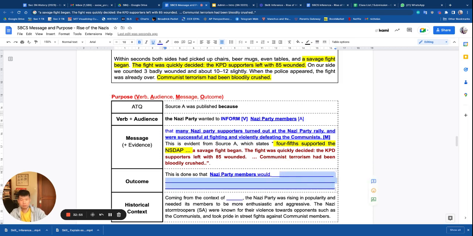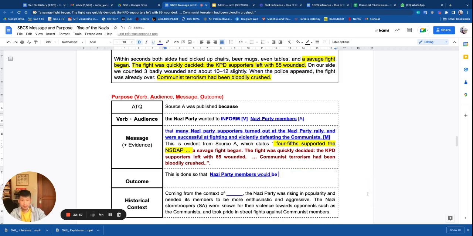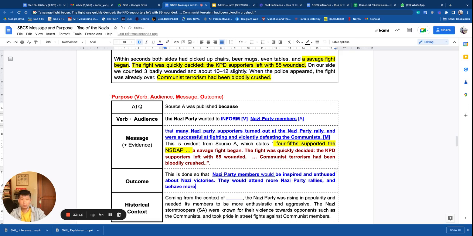You would, right, be inspired and enthused about Nazi victories. They would attend more Nazi party rallies and behave more violently to confront the communist enemies.